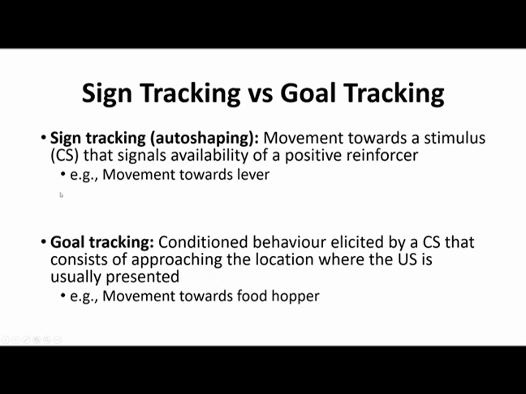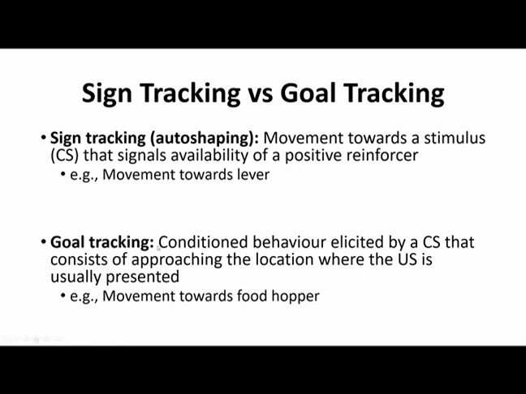So let's actually look at our definitions for sign tracking and goal tracking. Sign tracking, which is also called autoshaping, refers to movement towards a stimulus, our CS, that signals the availability of a positive reinforcer. So movement towards a lever, or movement towards the light for the pigeons, or whatever.